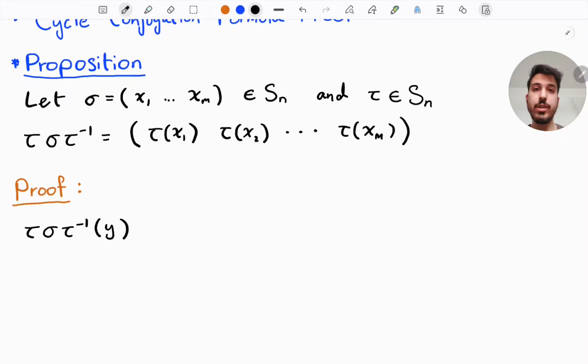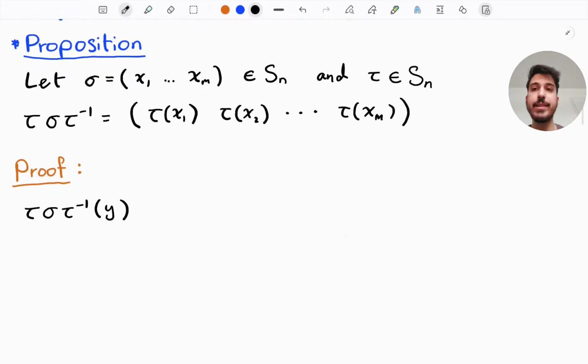To prove this proposition, we need to see where tau sigma tau inverse takes y to. So let us see the different cases.